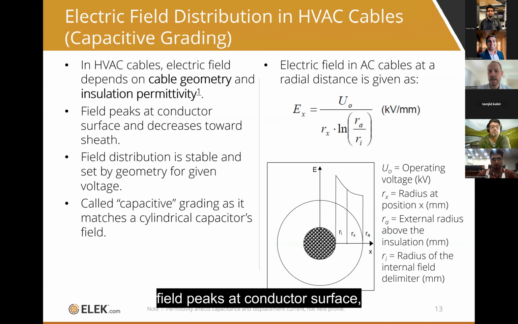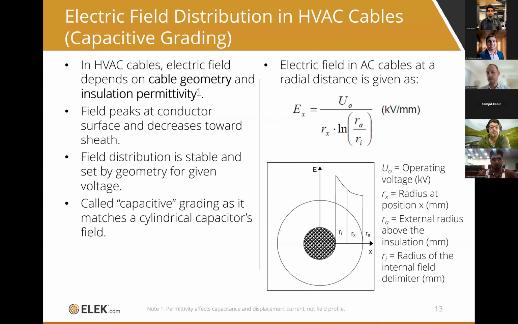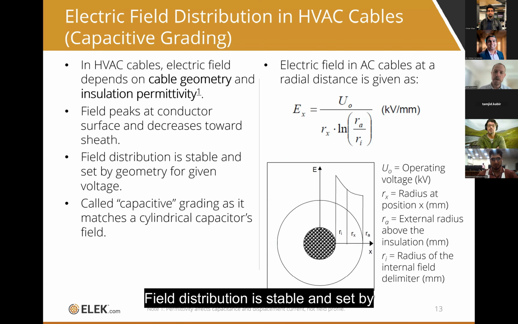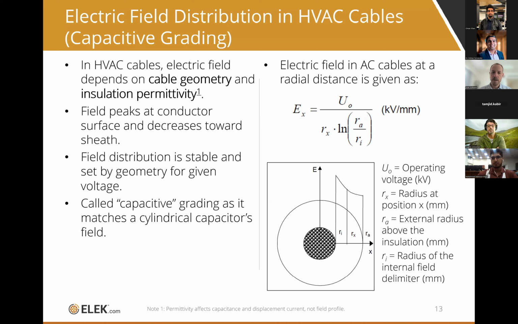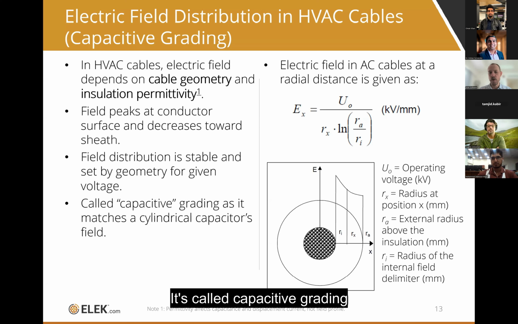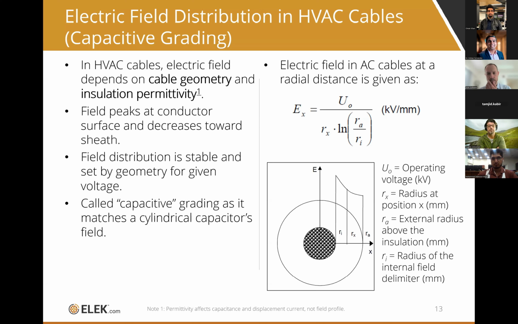The field peaks at the conductor surface, so the inner of the insulation, and decreases towards the outer layer of the insulation, towards the sheath, right? Field distribution is stable and set by geometry for a given operating voltage. It's called capacitive grading as it matches a cylindrical capacitor's field.